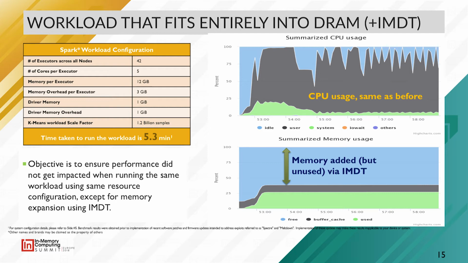Next, for the same exact workload, I added IMDT. Now I have two Optane devices with IMDT, but what I wanted to show here is that just by adding IMDT, nothing changed. The data set is still the same and it fits into memory. So although I have more memory available now from IMDT, it's not being used yet.